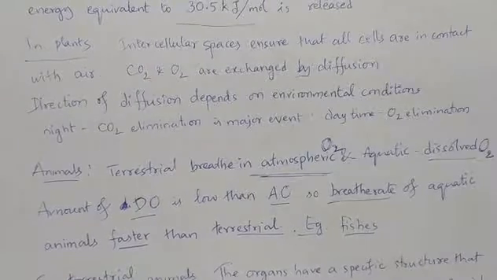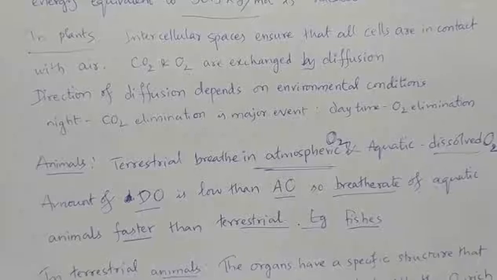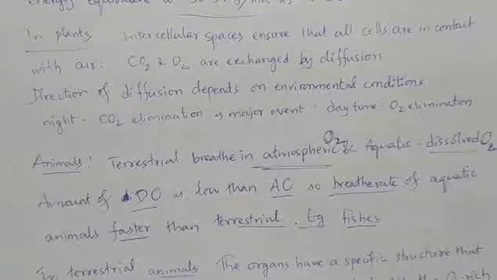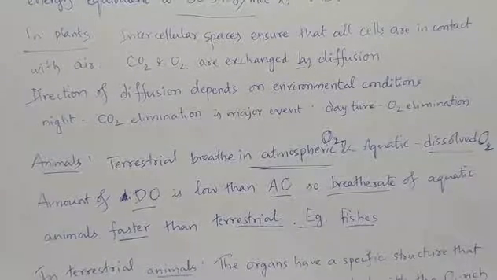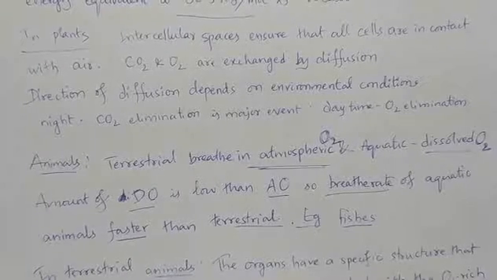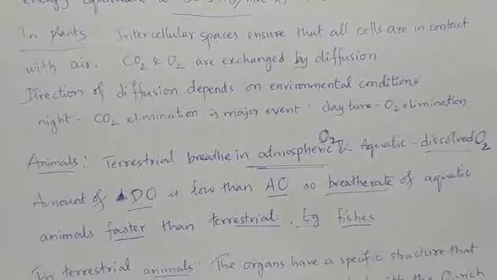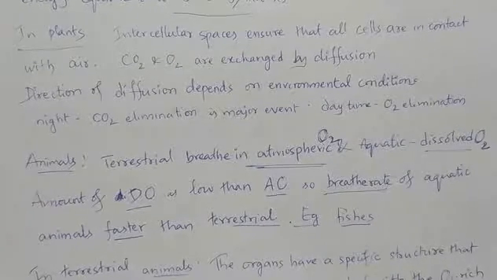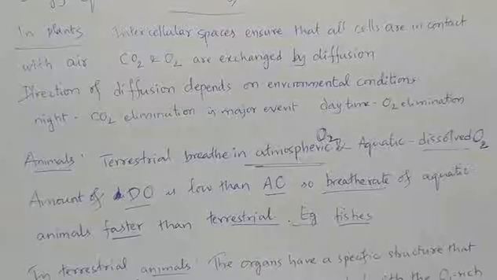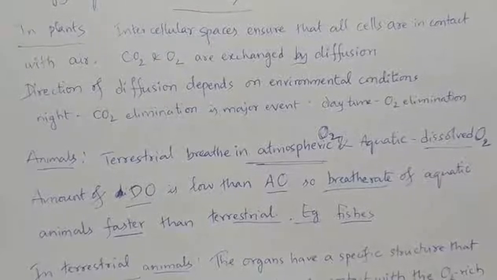What about plants, where respiratory organs are absent, unlike in developed animals? All cells are not in direct contact with the environment, but generally in the plant body, the living cells are arranged loosely so that large intercellular spaces are present.